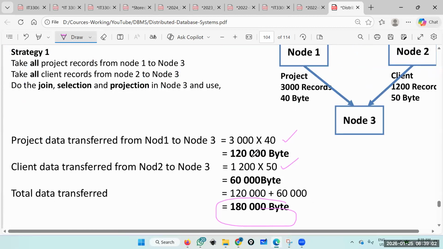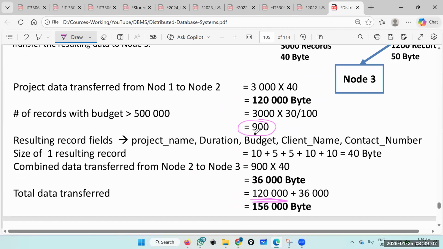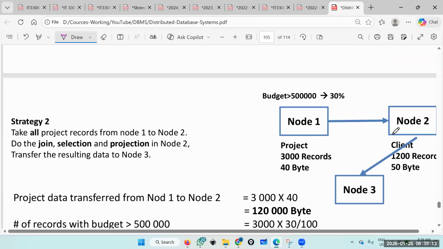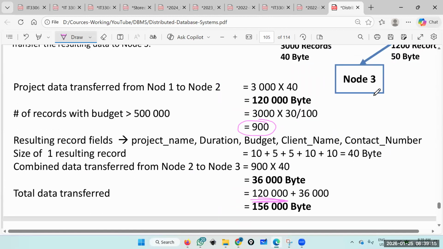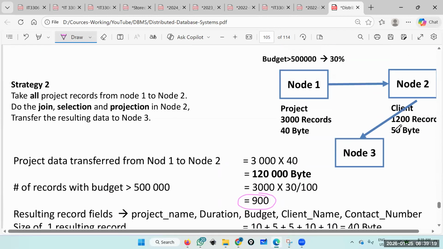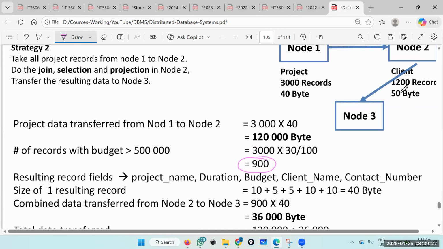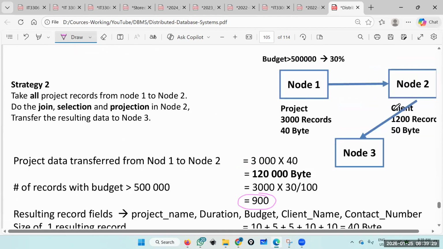And 40 byte into 900 records, because the sigma has now happened here. So therefore, from here to here, we have 40 bytes. I think there's a mistake here. It says 50 byte. 40 bytes into 900. I think this diagram is wrong.